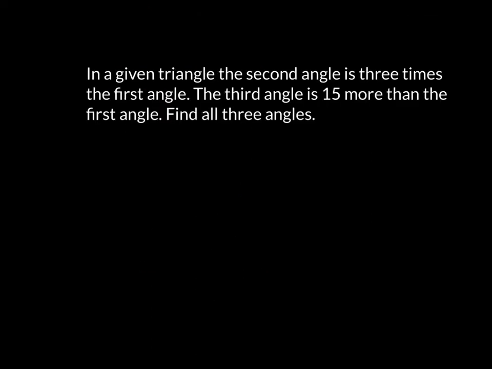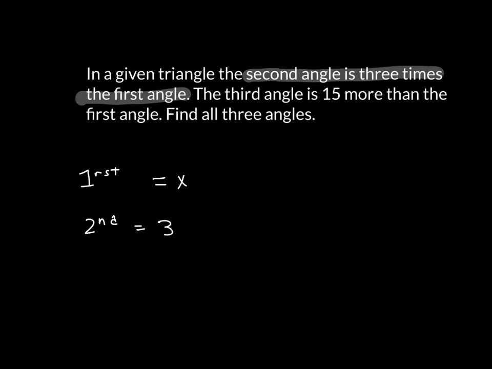When you're looking at a question like this, there's a little trick inside here that's really important. It says first, in a given triangle, the second angle is 3 times the first. This actually gives us both of the angles. My first angle then, I let just equal x. And my second angle then is 3 times the first.